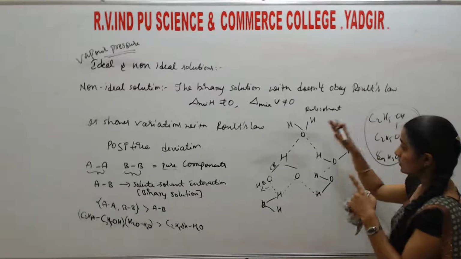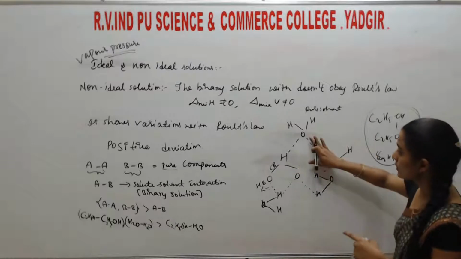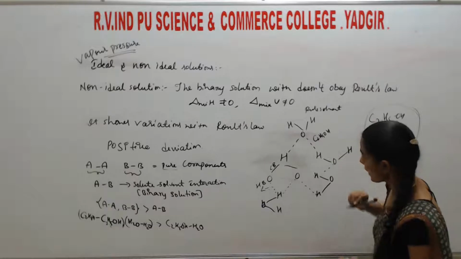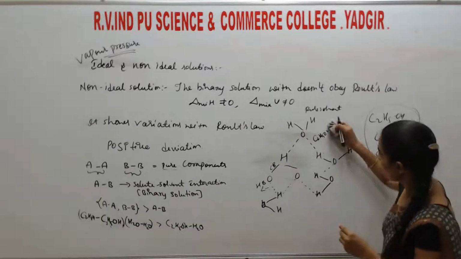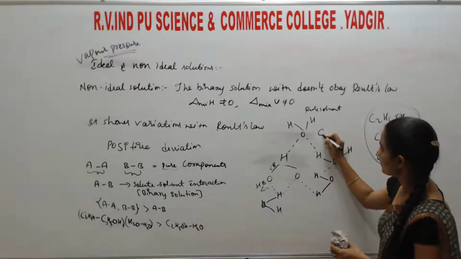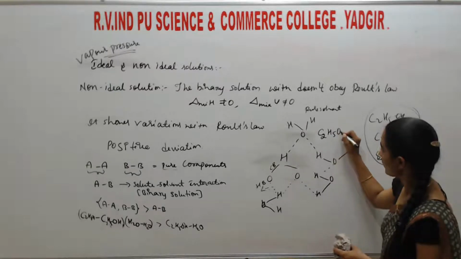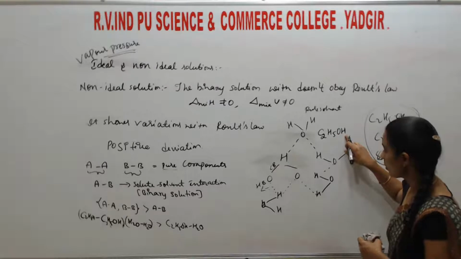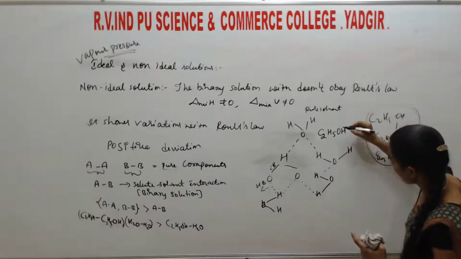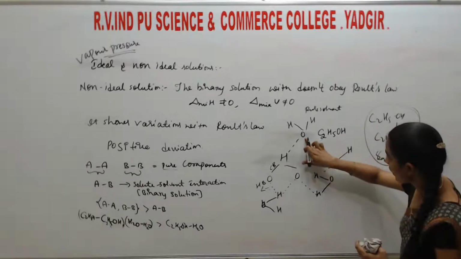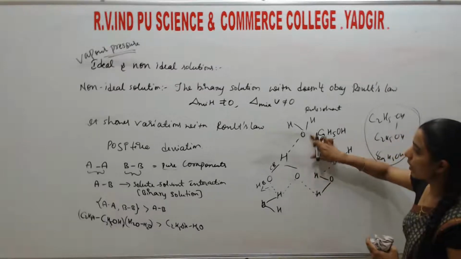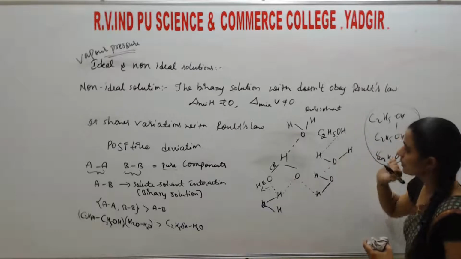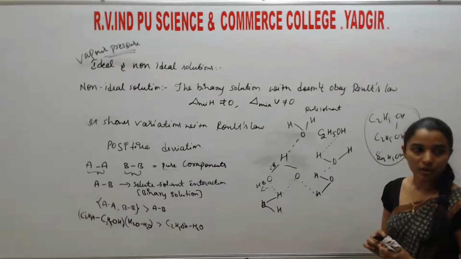But when solute is added to this solvent, what happens? So listen, if C2H5OH is added, I'll write here clearly, C2H5OH. Here also oxygen is there, here also hydrogen is there. Then what happens? This will break the hydrogen bond with the water molecule and it forms a hydrogen bond with the oxygen present in the ethanol.